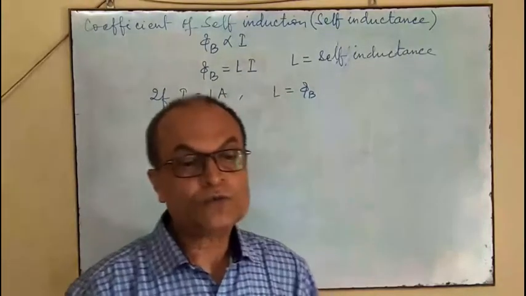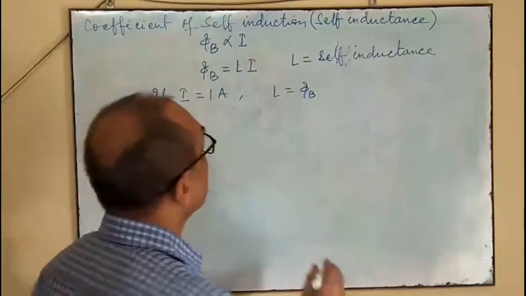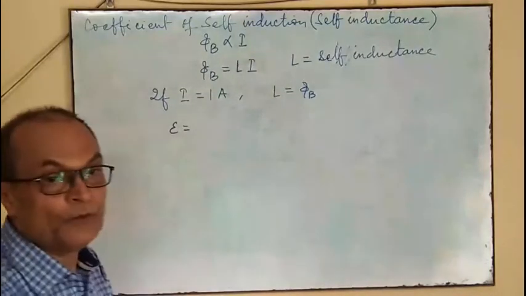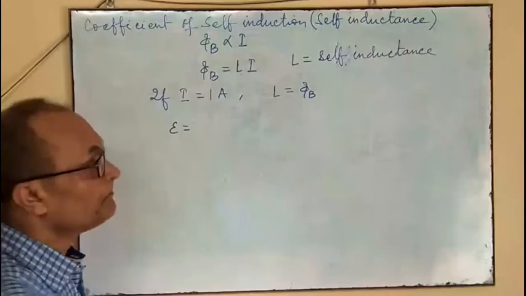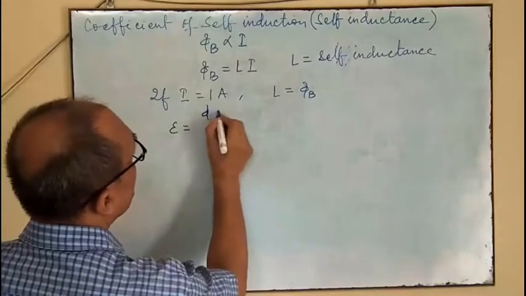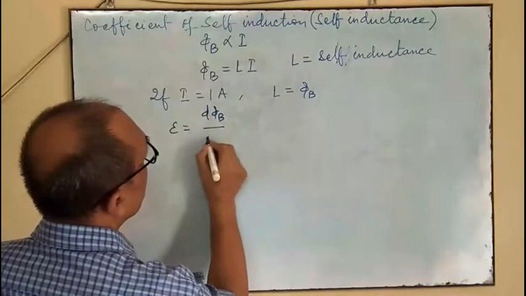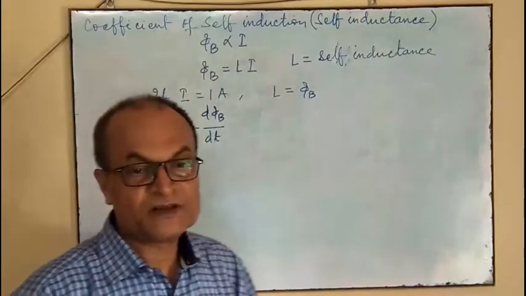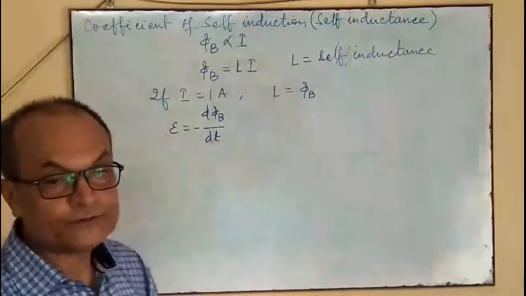Now according to Faraday's law, we know that the induced EMF equals minus d phi B by dt. This is Faraday's law.